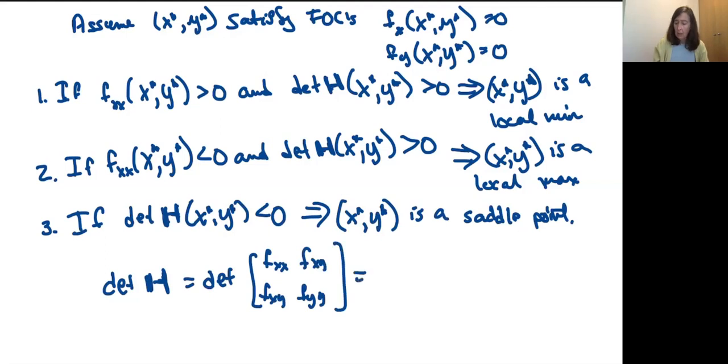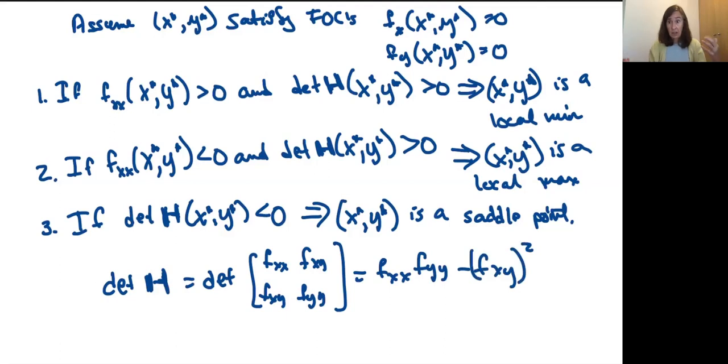To take the determinant, we multiply the on-diagonal elements and then subtract off the off-diagonal elements. So it's f xx, f yy, the on-diagonal elements, minus f xy squared, relying on the fact that the Hessian is symmetric because those cross partials are the same.